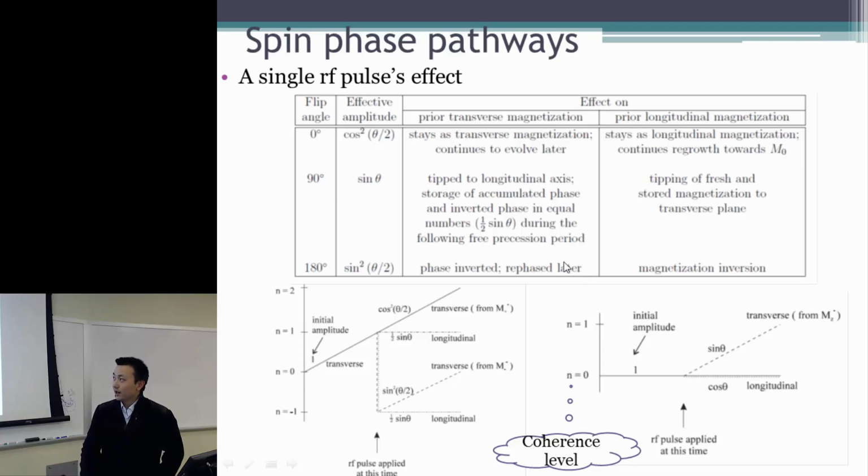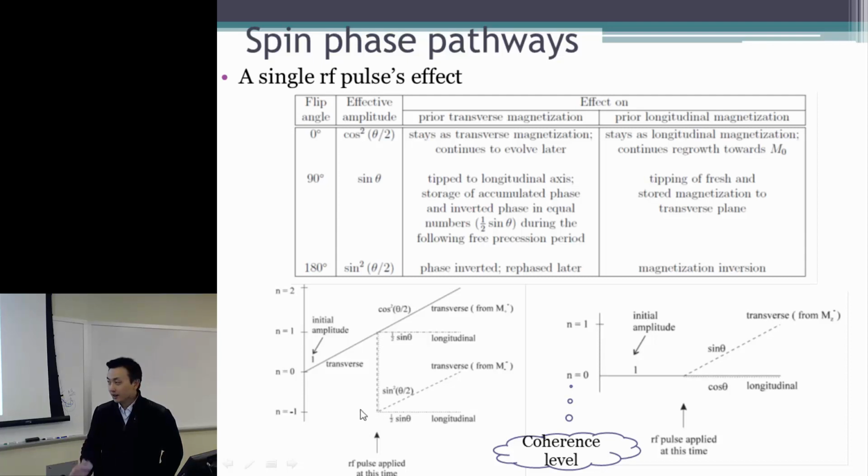The next part is the 180 degrees. For those spins that experience 180 degrees, the developed phase will be totally inverted, flipped from positive to negative.